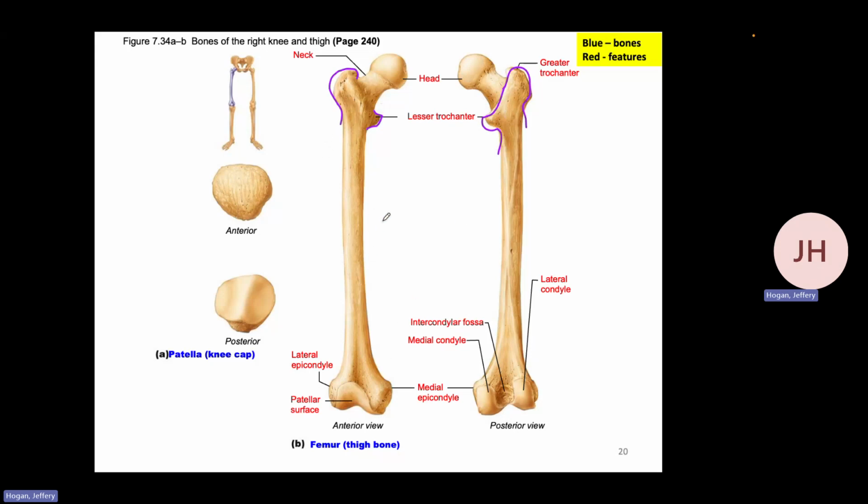Now, as we move distally, we can move downward, and distally on this picture, we have an articular surface on the front, right? This is for the patella, the articular surface of the patella or the kneecap. And so we can take a look at the kneecap. It's a bone embedded within the quadriceps tendon, right? And the back of it is nice and smooth and covered with cartilage to glide nice and easily over that patellar surface, right?